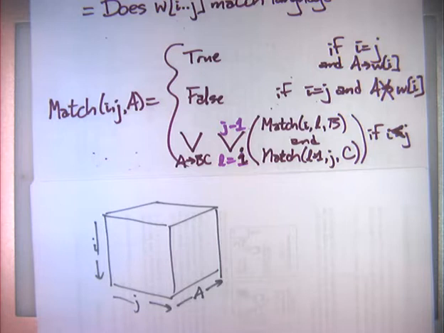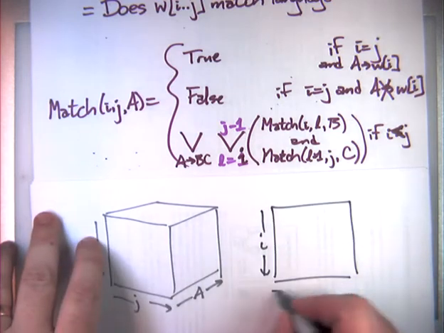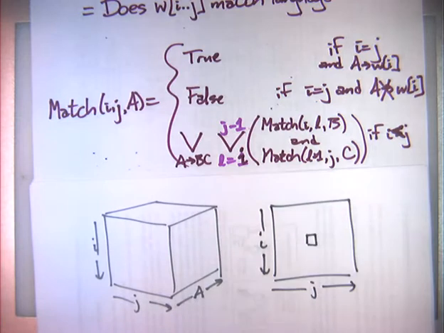So to figure out what the dependency order is going to be, I'm going to view this 3D array head-on as a 2D array, but keep in mind that every entry in this 2D array is actually itself an array of bits. What that 2D array is actually storing is, for each i and j, which non-terminals match the substring w_i through j.